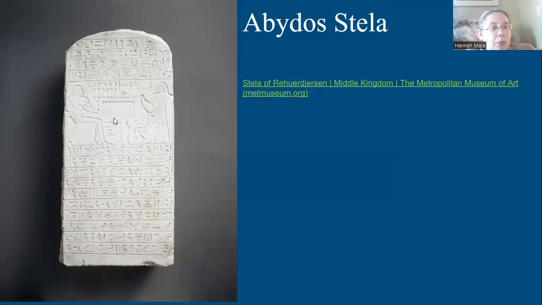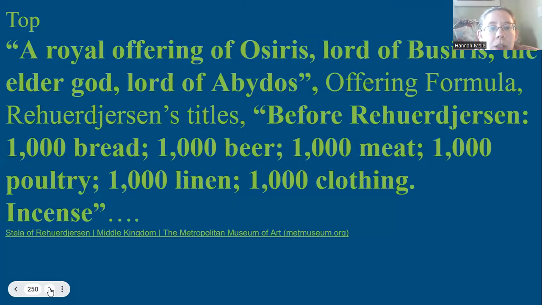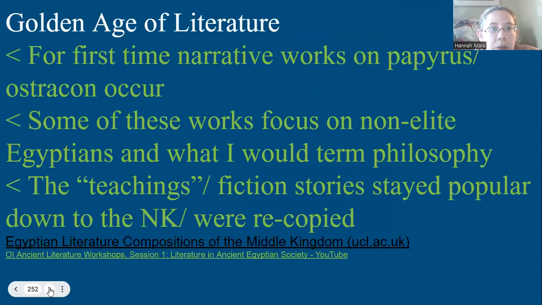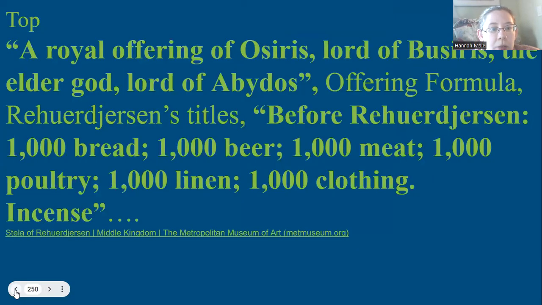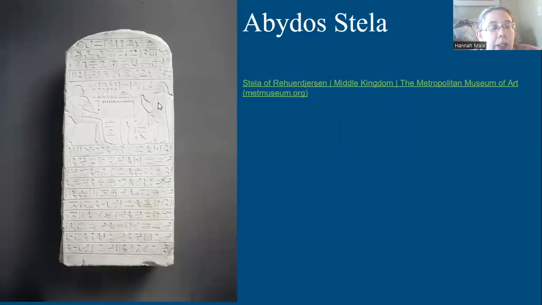And so we have the person who made it, or the person who paid for it to be made. That's Ru Horjer Sen. So you see him here or here, because there are also instances of people making stele for deceased relatives or family members.